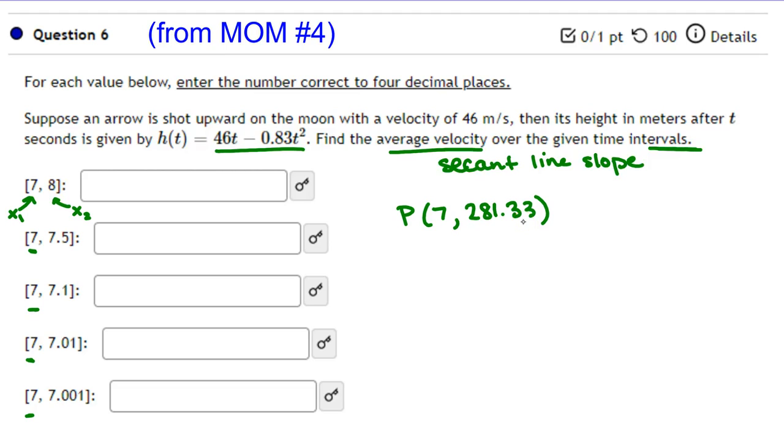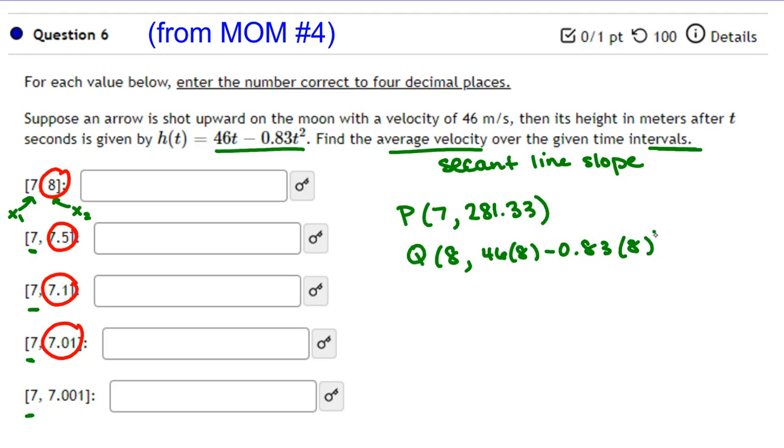Okay, the second value in each interval is telling you the x coordinate of your point Q. So, for example, the first point Q is 8, something. Whatever we get when we take 46 times 8 minus 0.83 times 8 squared. But once again, let's go ahead and make ourselves a slope formula.